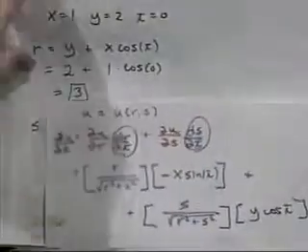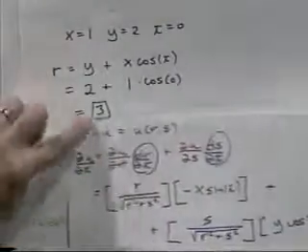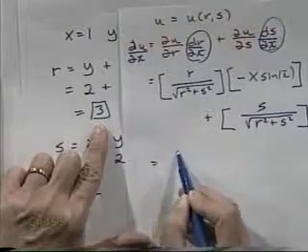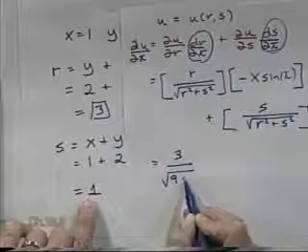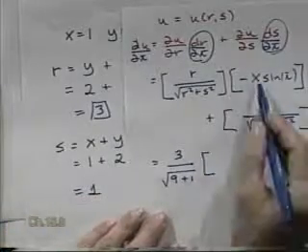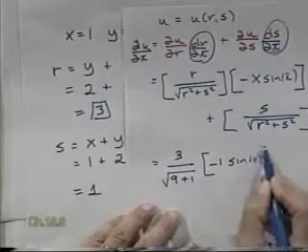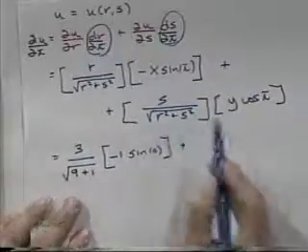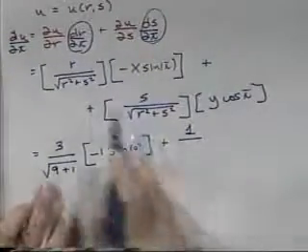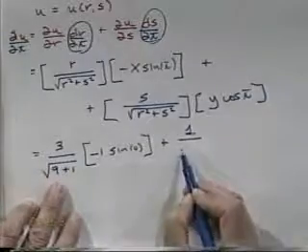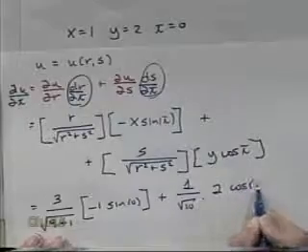Okay, so now I'm ready to plug these in. I have r over the square root of r squared plus s squared. We figured out that r was 3, so 3 squared is 9. s is 1. Times minus x, x was 1, and t was 0, plus s over the square root of r squared plus s squared. s we figured out was 1, and r squared plus s squared was 10, so it's the square root of 10, times y is 2, and t is 0.